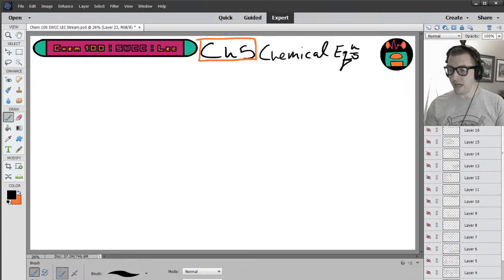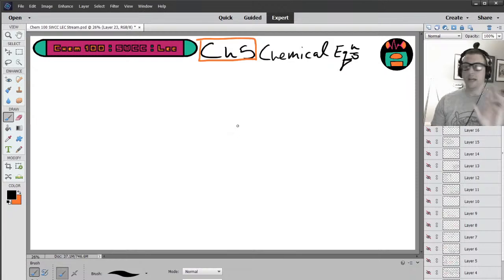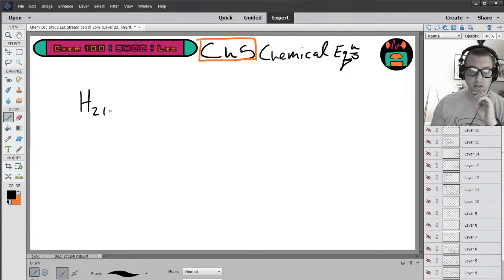So chemical equations. Just a few things to lay out. For example, we're going to start with the combustion of hydrogen gas. This is the explosion that destroyed the Hindenburg.